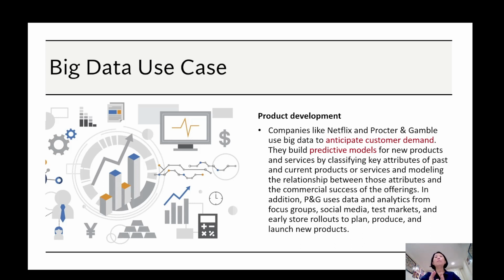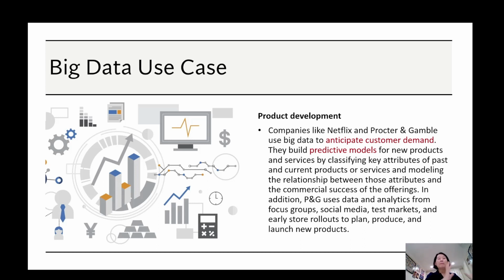The first use case is product development. For example, Netflix and Procter and Gamble use big data to anticipate customer demand. They build predictive models for new products and services by classifying the key attributes of past and current products or services, and modeling the relationship between these attributes and the commercial success of the offering.